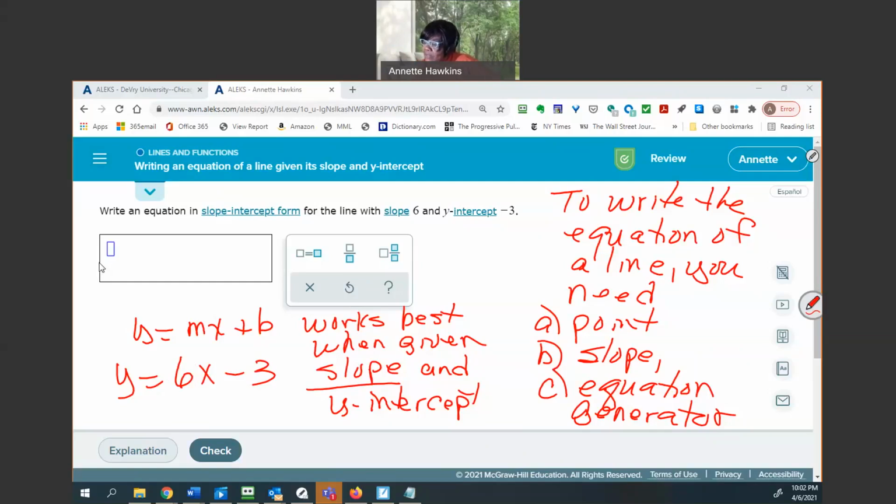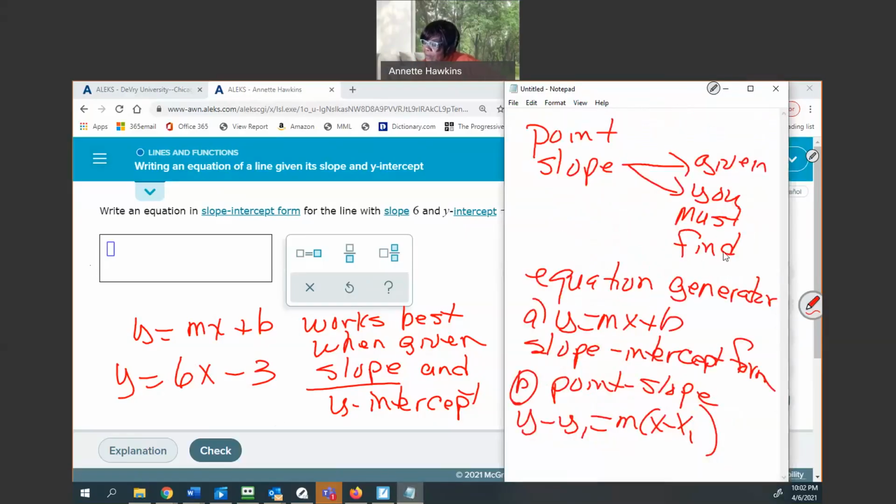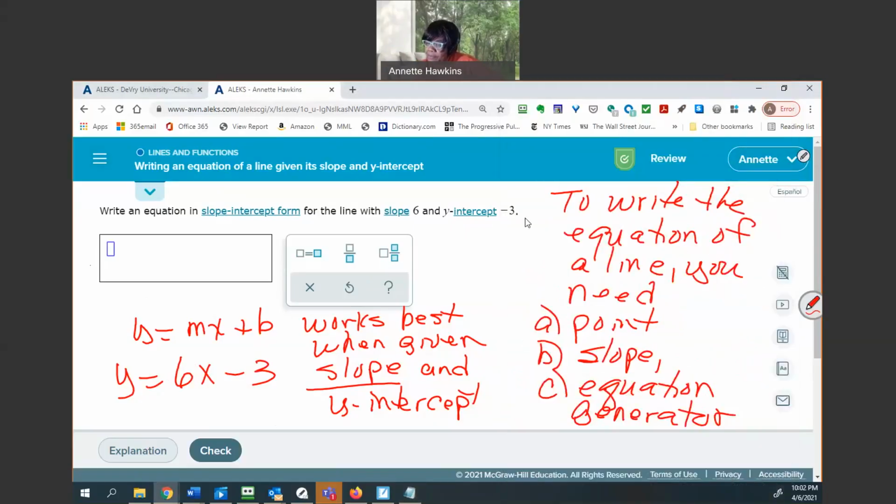So to write the equation of a line, you need a point, slope, and equation generator. And we found that there are two equation generators, the slope-intercept form and the point-slope form.